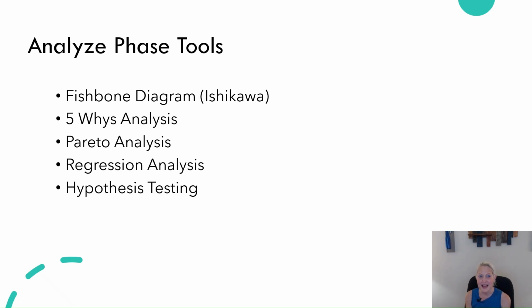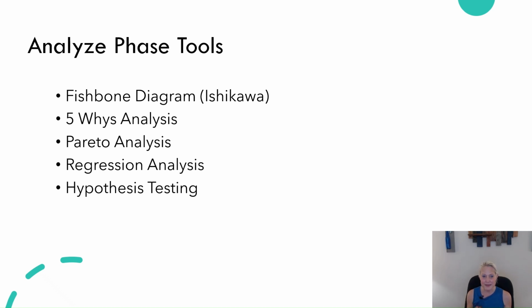Some tools that we have in the analyze phase are the fishbone diagram. This is one of my most favorite tools. In fact, in my yellow belt class, I will teach you how to use this fishbone diagram. Sometimes people feel like we need to have these really big, elaborate green belt and black belt projects, but sometimes something as simple as a yellow belt project, just by using the fishbone diagram, is amazing.